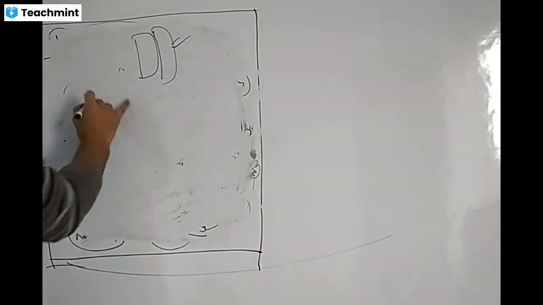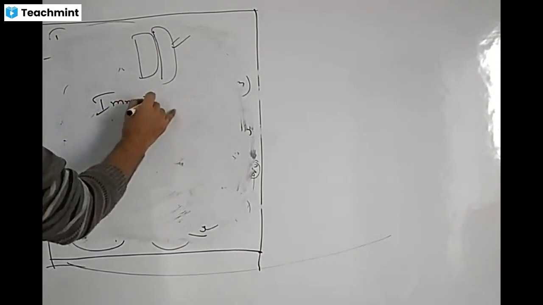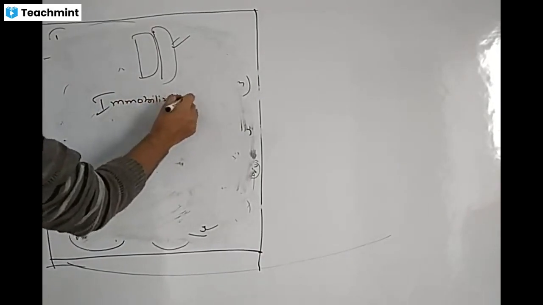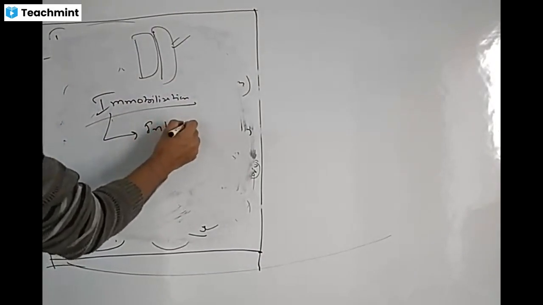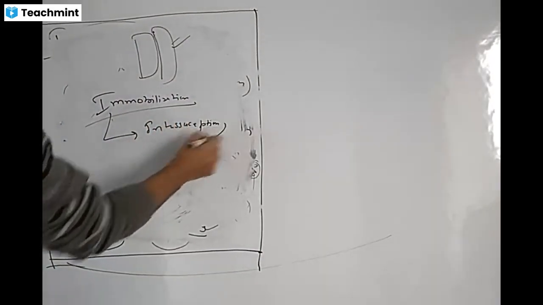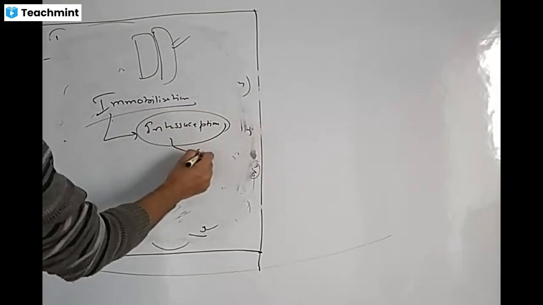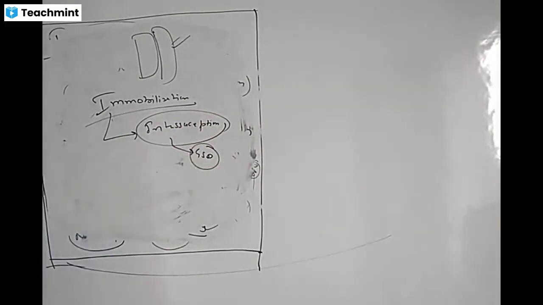The last is immobilization. Immobilization means, suppose there is surgery of intussusception in a dog. For intussusception, the GSD breed is more predisposed.